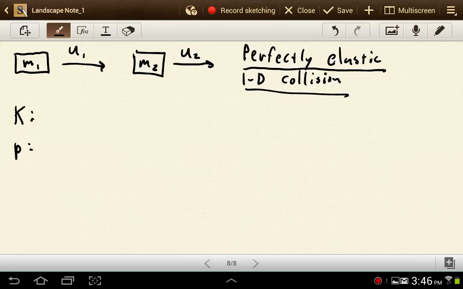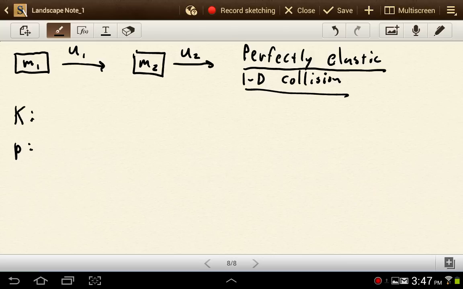So, kinetic energy. Usually when we do a conservation law, we say kinetic energy initial equals kinetic energy final. What I want to do here is change it slightly.